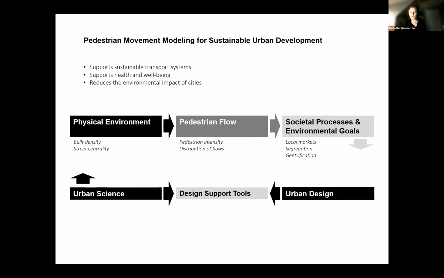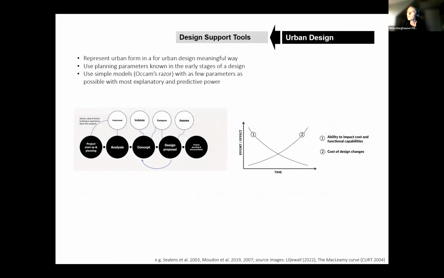And that's what my research group has been pushing forward. So we do very fundamental research, but we also go all the way to develop tools to be able to disseminate the results. And if you do so, there are three things that you have to think about. One is that if it is to become useful for urban design, we have to represent urban form in a meaningful way, meaning that it should not be just numbers, it should be representing urban form.